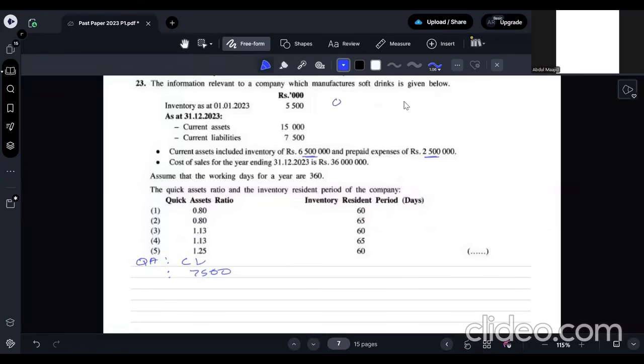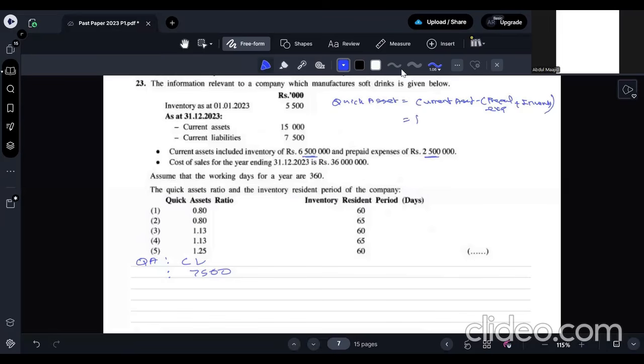How do you find quick asset? Quick asset equals current asset minus prepaid expense plus closing inventory.